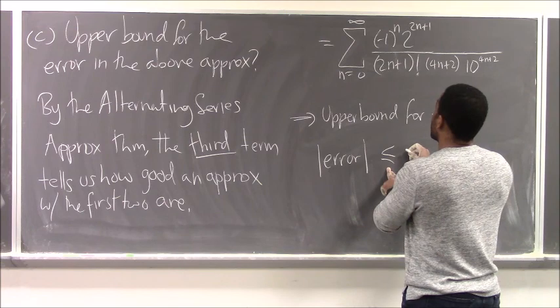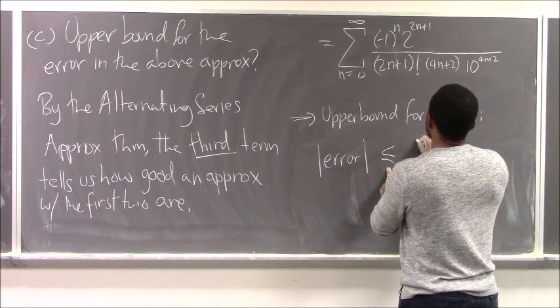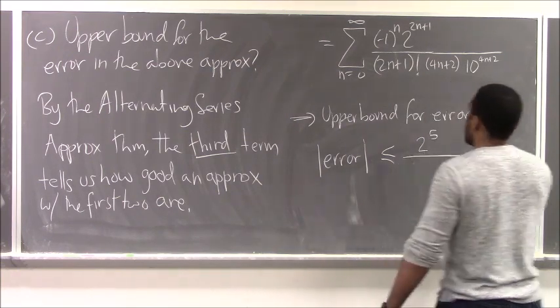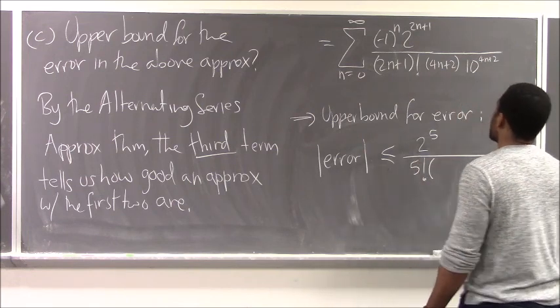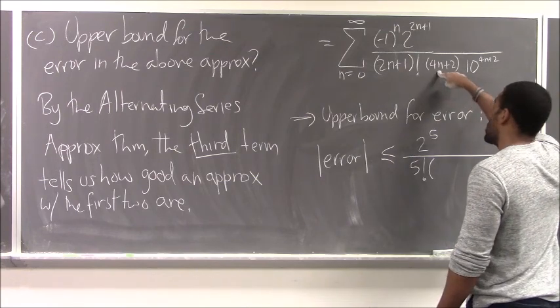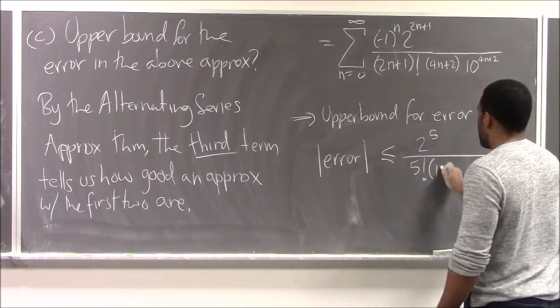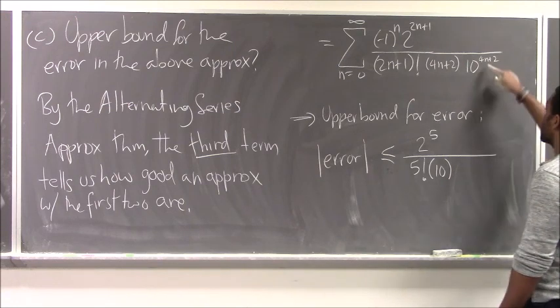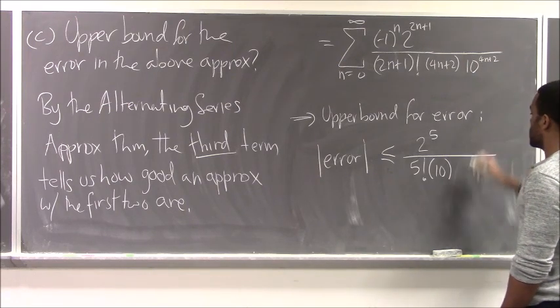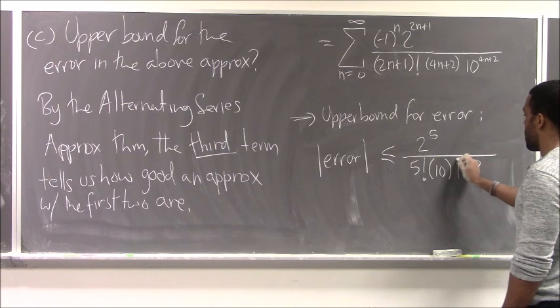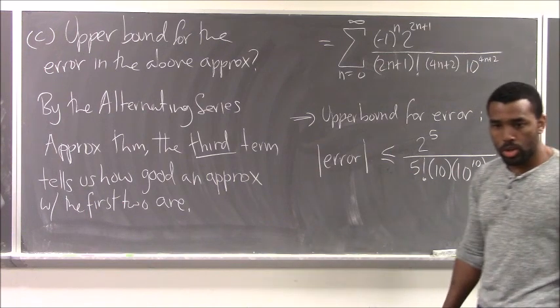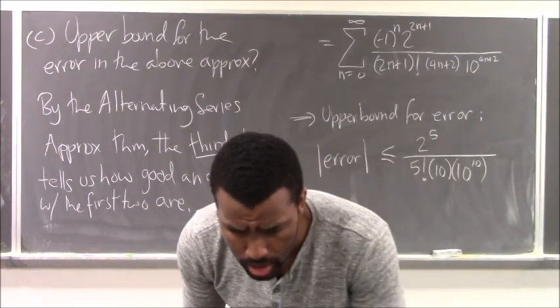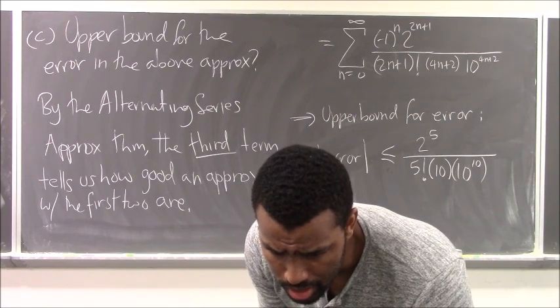So plugging in n equals 2, I would get 2 to the 5th over 5 factorial times 10 to the 10. So that's how close I would get to the answer by using the first two terms.